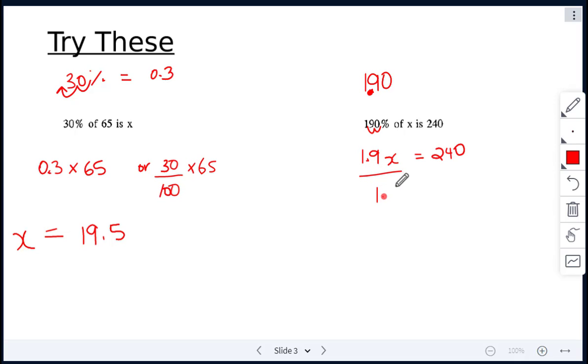Now we're going to divide by 1.9 on both sides, which leaves us with X is equal to 126 point, I'm just going to leave it at 0.3.